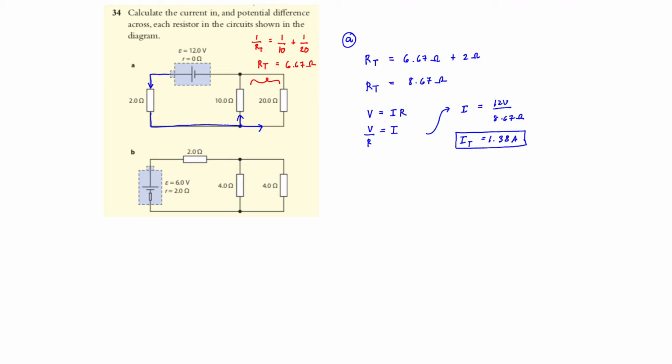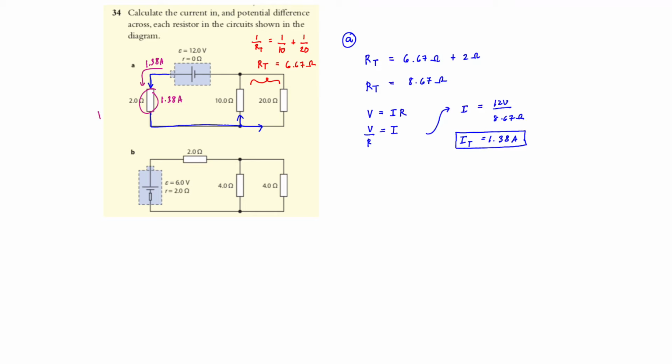And so let's now calculate the voltage on this part. The current that keeps on flowing here is 1.38 amperes.